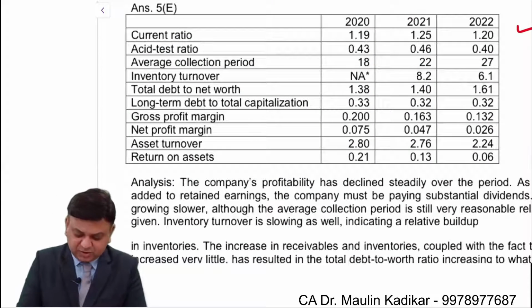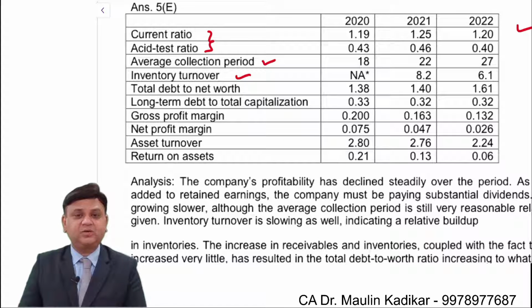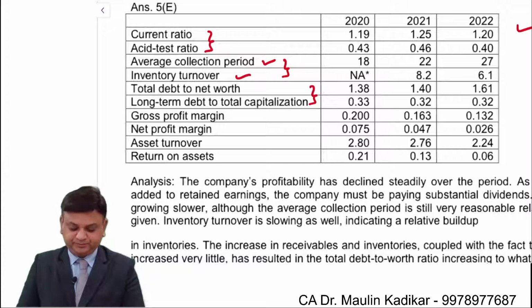They have calculated these too as part of the liquidity ratios. This is average collection period, and this is turnover ratio, both indicating activity level ratios. Then we have certain ratios with respect to capital structure, that is total liabilities to net worth and long-term debt to total capitalization.